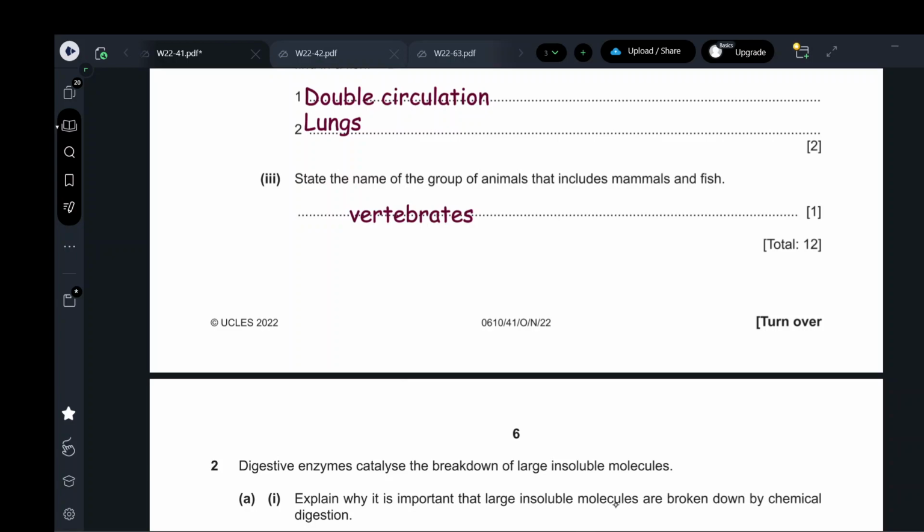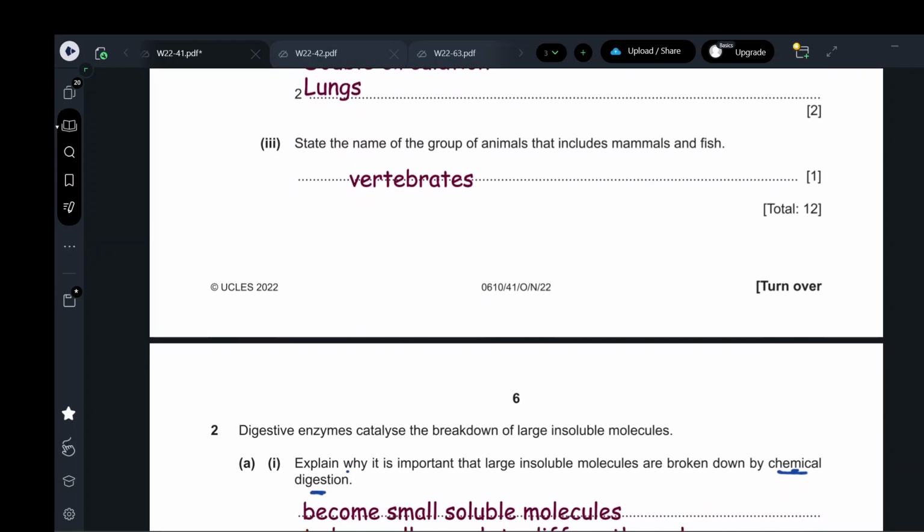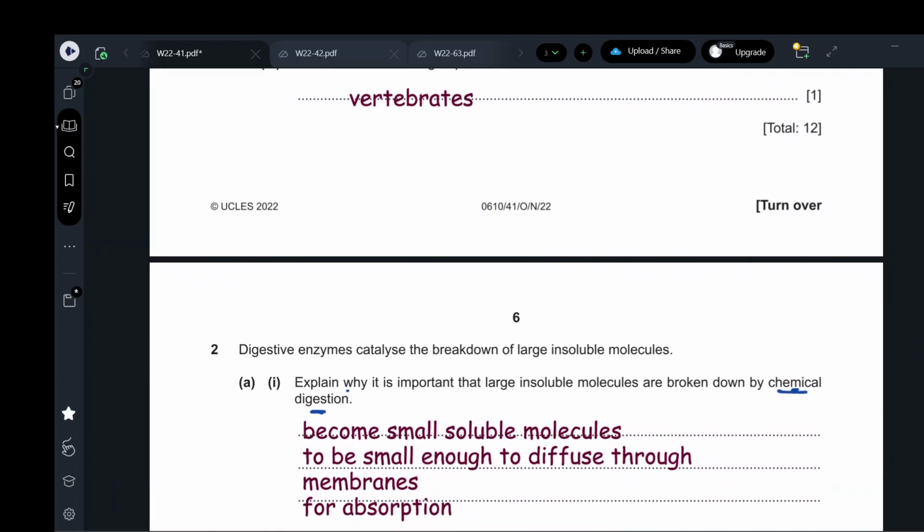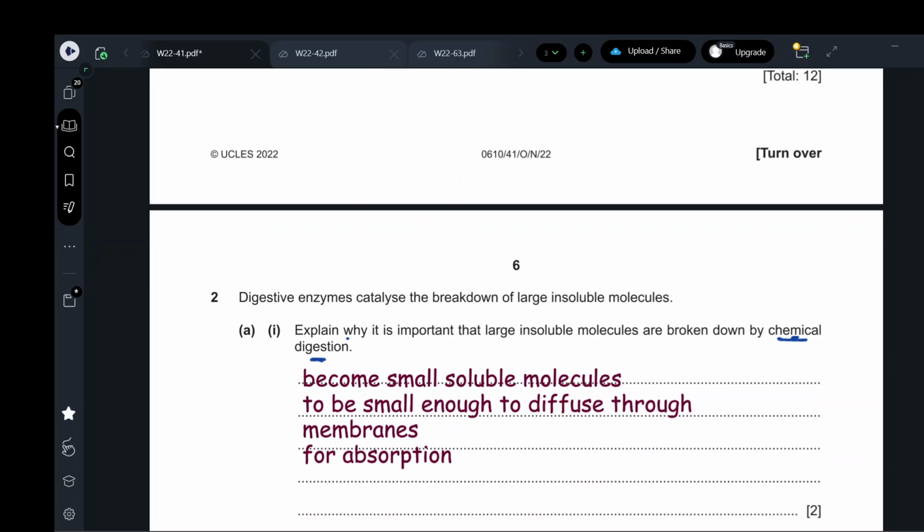Why is it important that the large insoluble molecules are broken down by chemical digestion, which is enzymes? I will say to change them to small soluble molecules, small enough to diffuse through the membranes for absorption. This is what happens in the intestine. The small molecules pass through the walls to the blood.